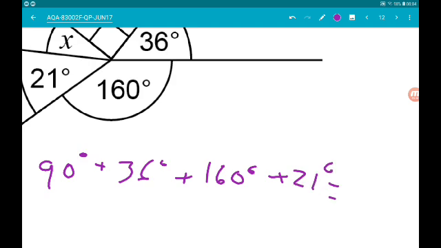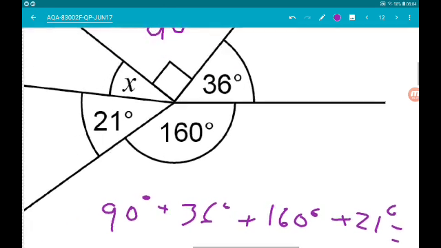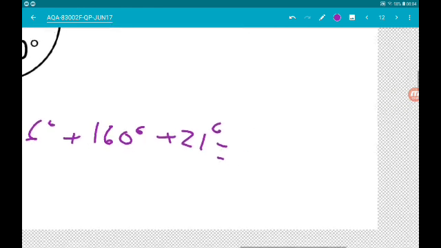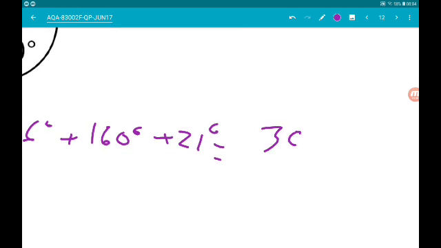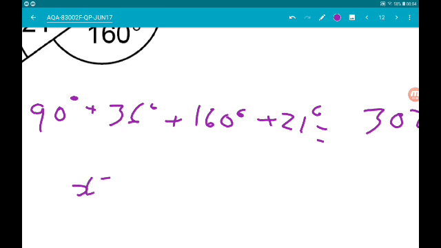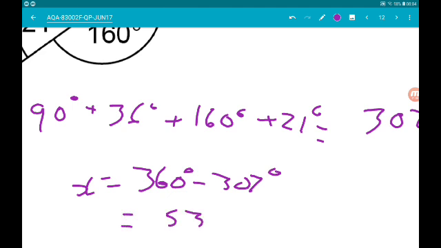Use your calculator, that's going to give you 307 degrees. So X is 360, take 307, which is 53 degrees. Cool.